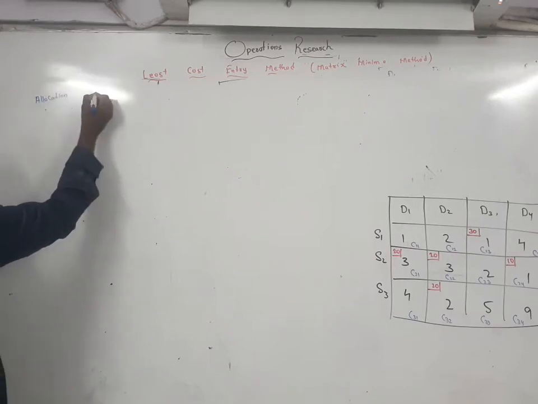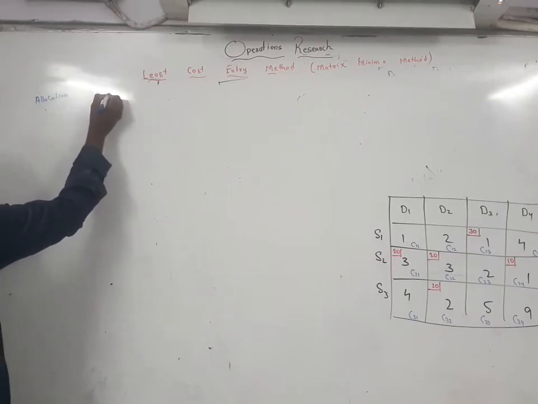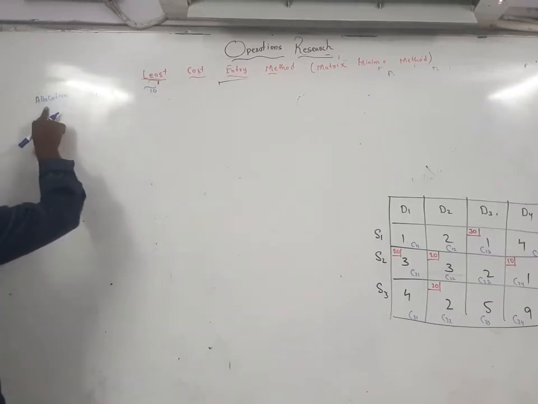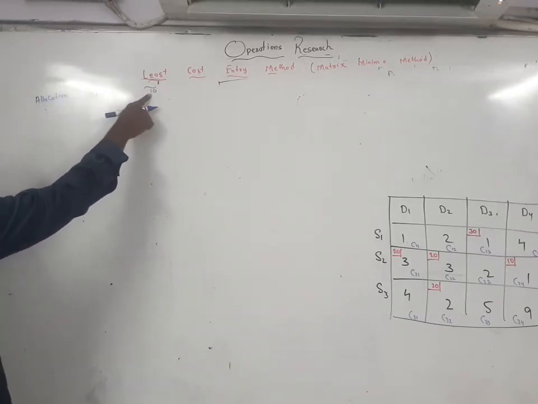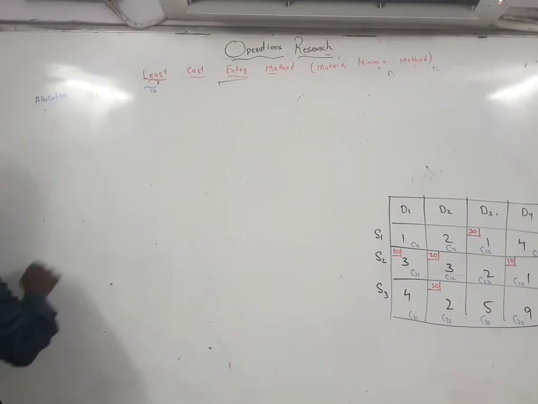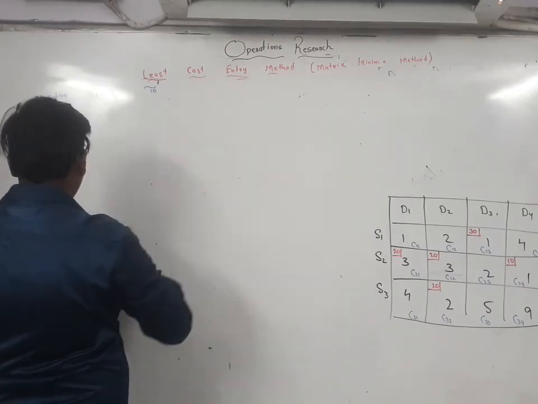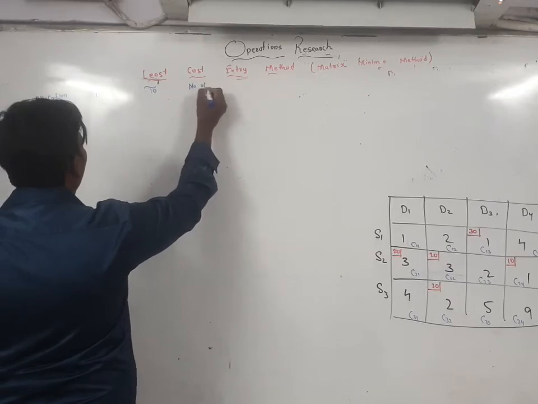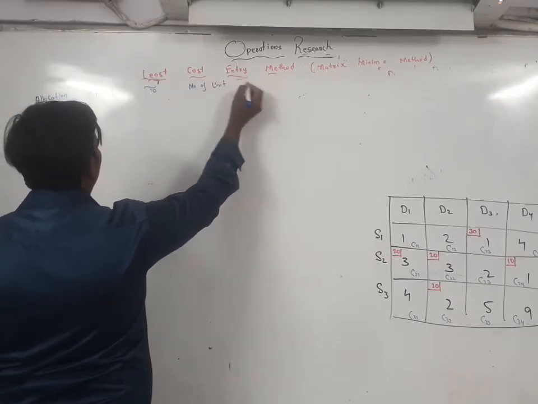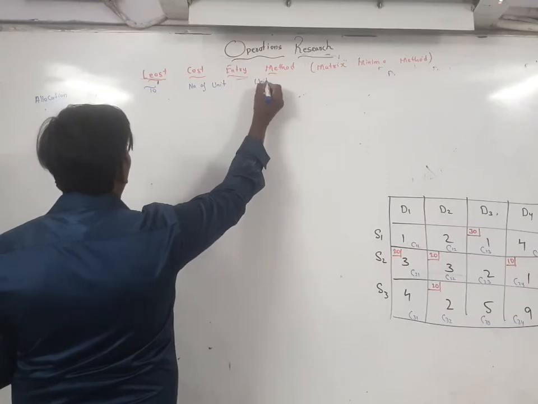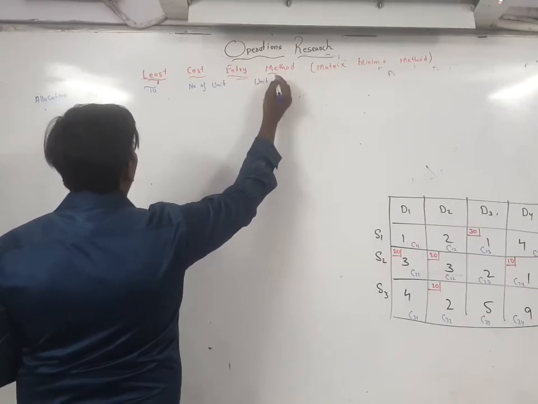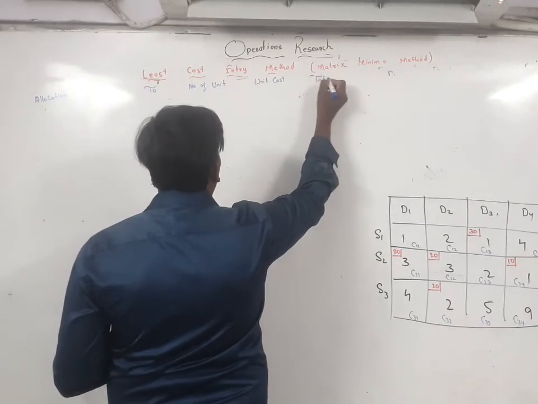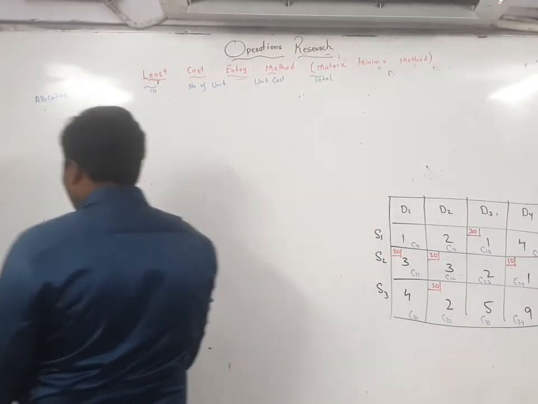Allocation. Next you have to write from, next to, then number of units, then unit cost, then total.